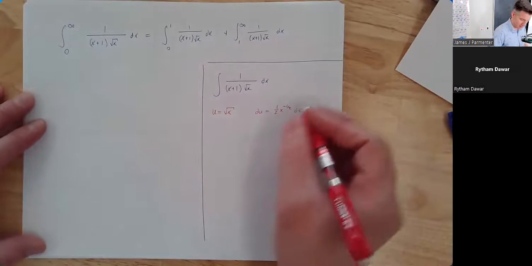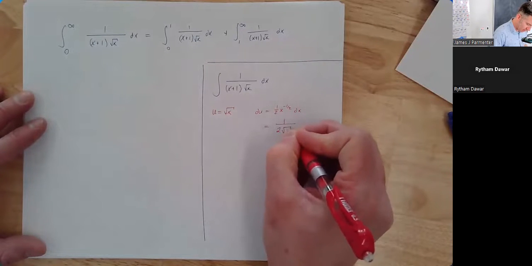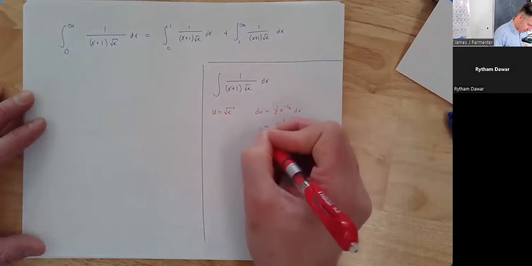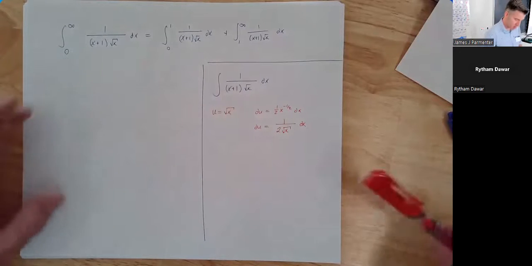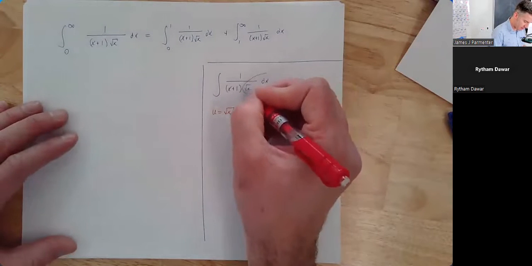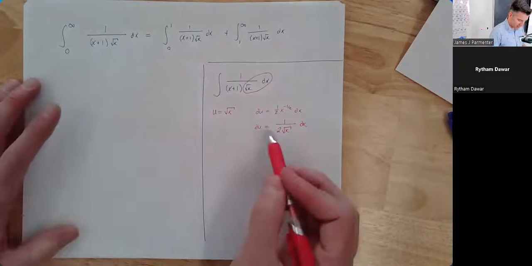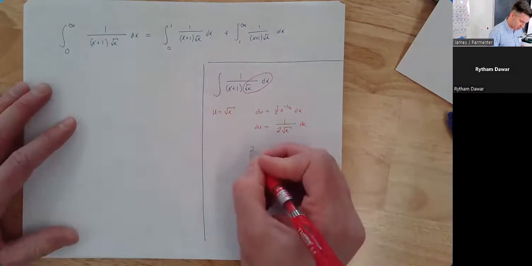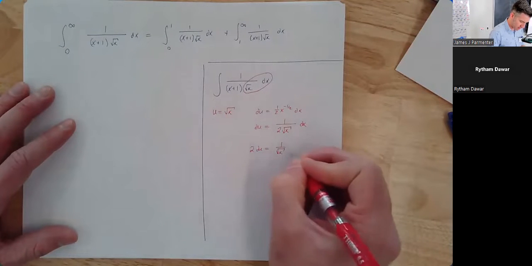I really prefer to write this as 1 over 2 root x dx. I find that a much nicer thing to write. But either way is perfectly usable. And then I will point out we have dx over root x in our integral. So I can just get rid of that 2, and I can say 2 du equals 1 over the square root of x times dx.